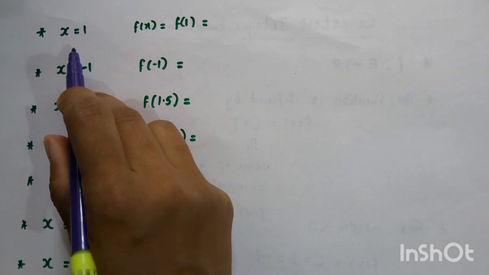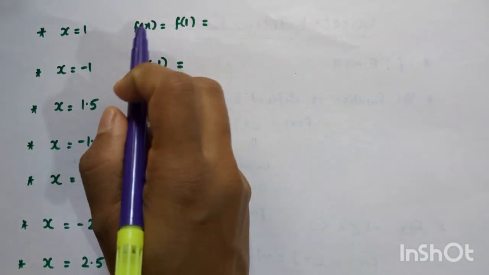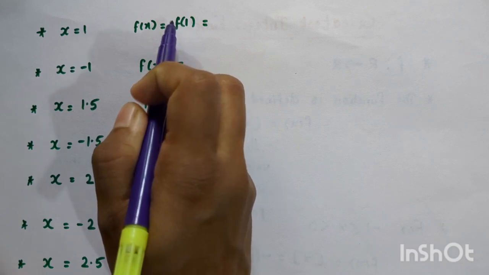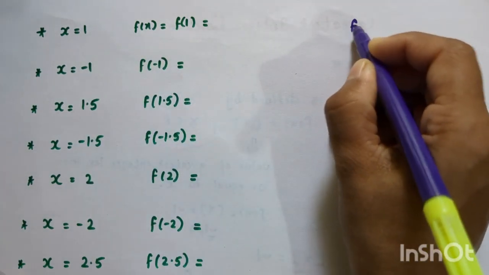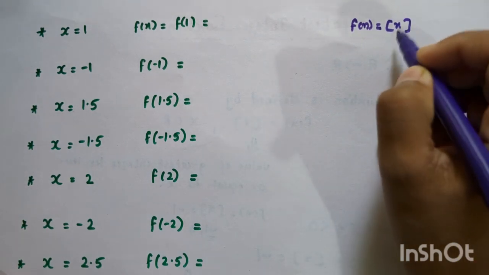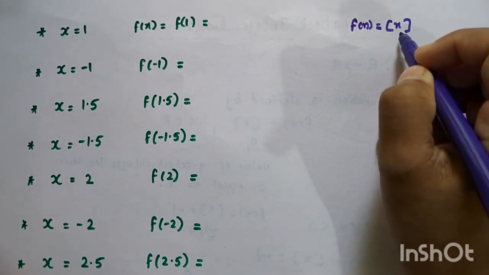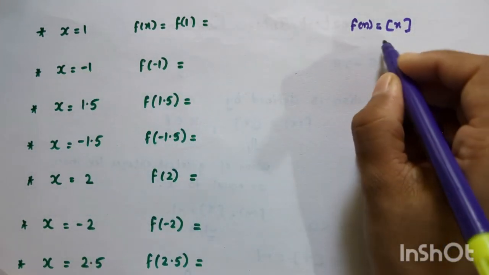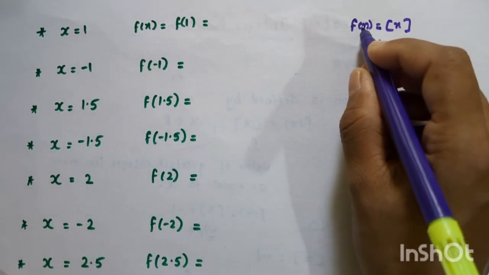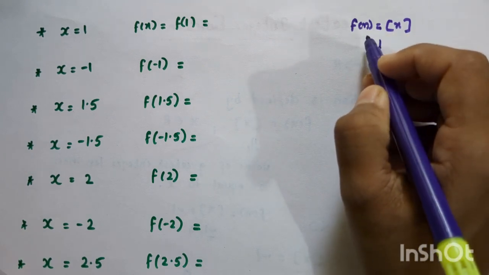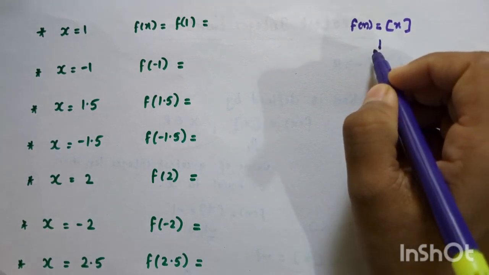Now, for x equal to 1, what about the greatest integer function f of x, which is f of 1? In the place of x, we substitute 1. The greatest integer function f of x is defined as [x], which gives the value of the greatest integer less than or equal to x. Here our x value is 1, so the function gives the greatest integer less than or equal to 1.